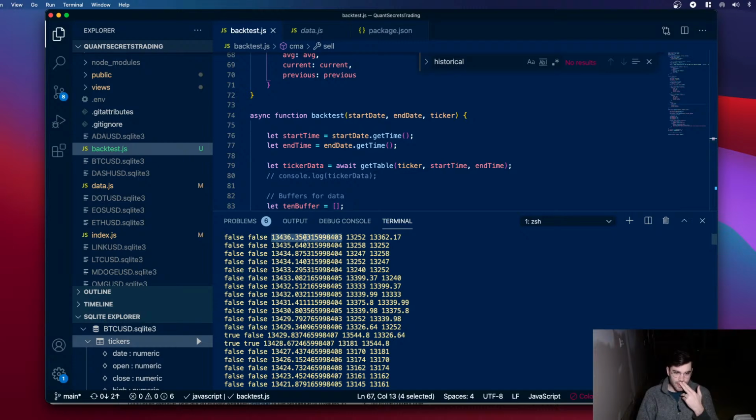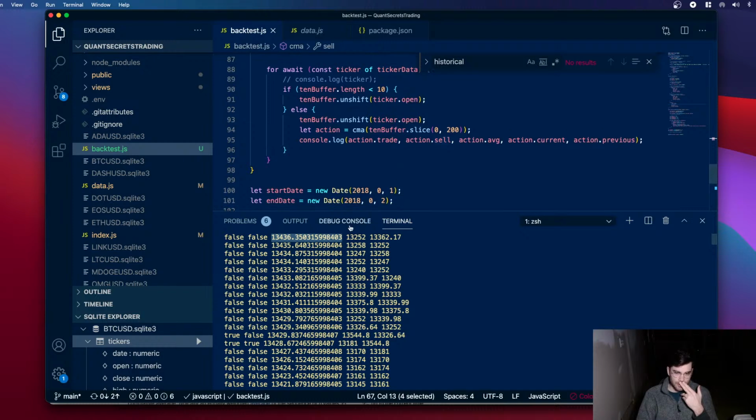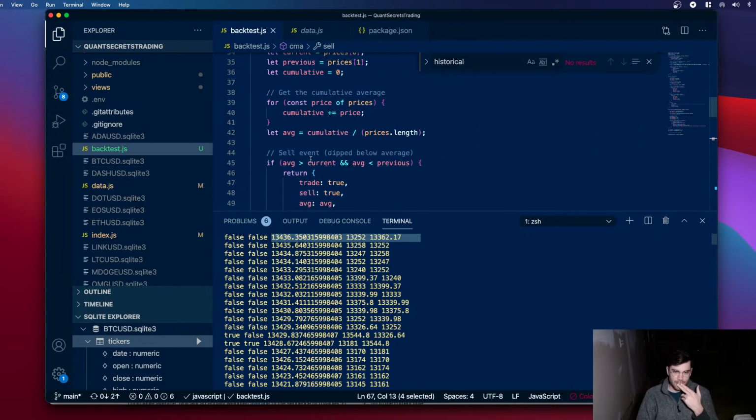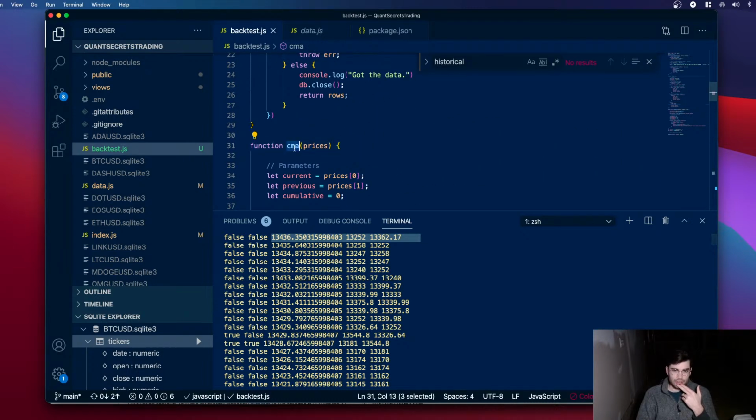And then this is the average. This is what it currently is, and this is what the previous one is. So basically, the way I set up my cumulative moving average is if the previous was more than the average and then the existing one is less than the average, then you would sell because the stock is trending down.